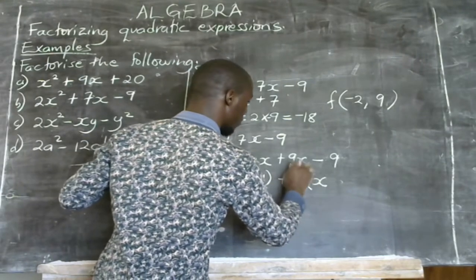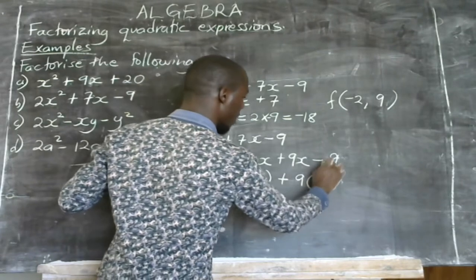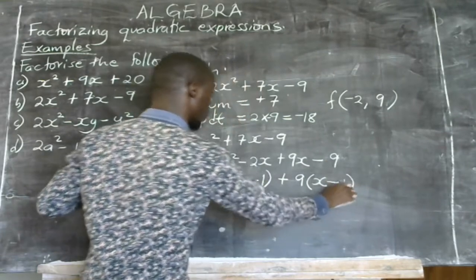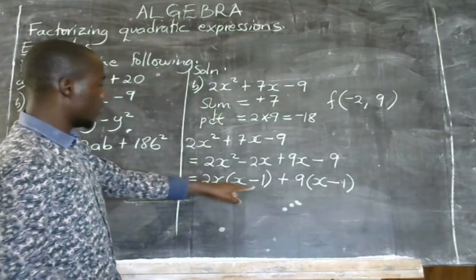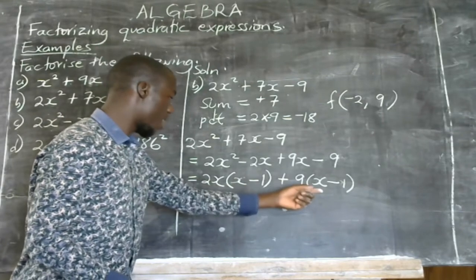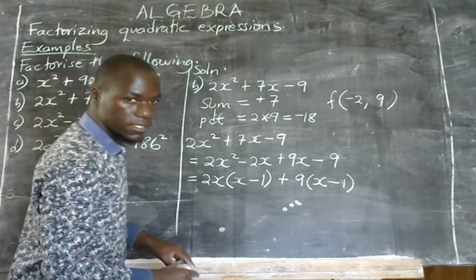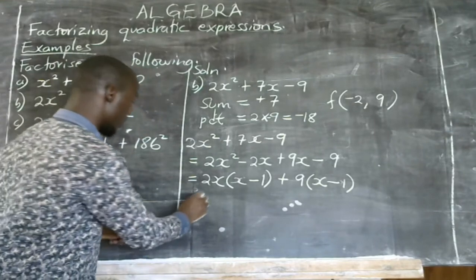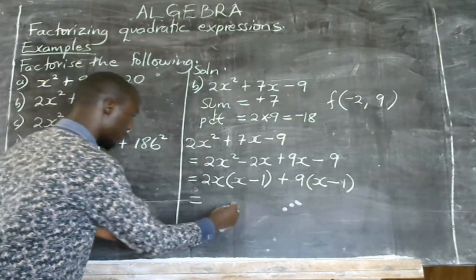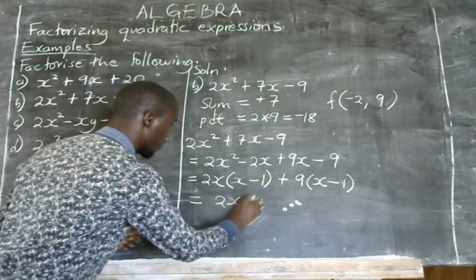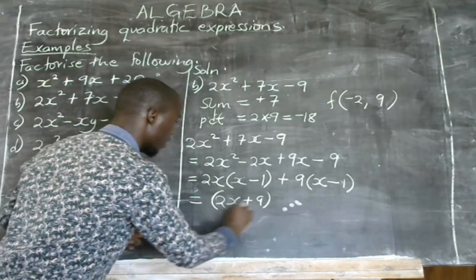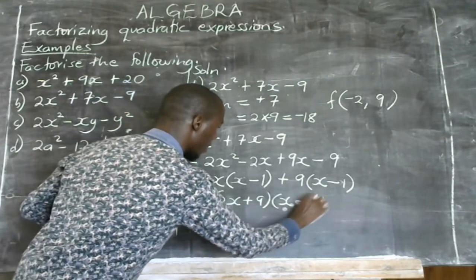When I pull it out, I'll be left with x there, and there with a minus 1. In the 2 terms, I'm still having a factor there, which is the bracket of x minus 1. So when I factorize further, this will be 2x plus 9, then into the x minus 1.